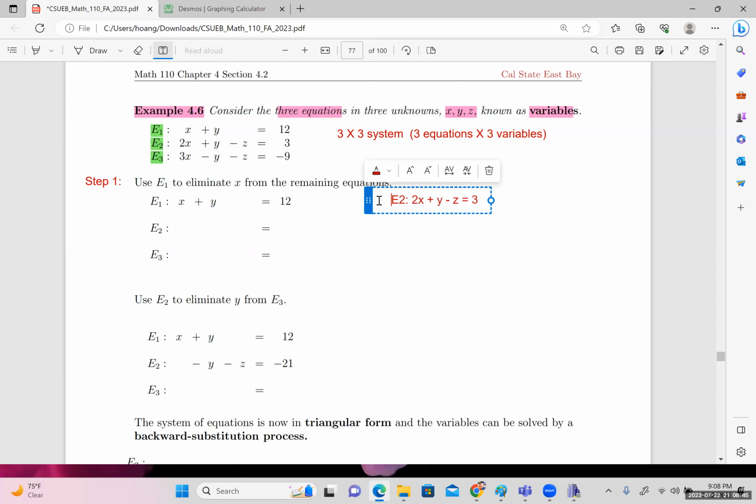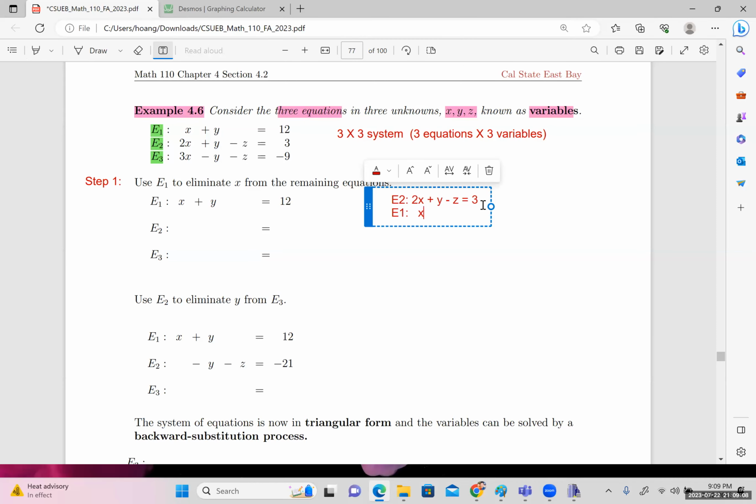And you need to add something multiplied with E1. So think about E1 was here. E1 was having x in here, right?